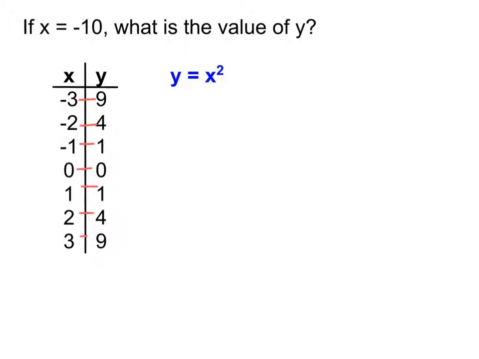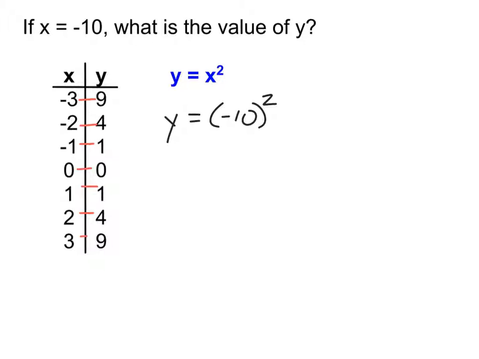Okay, so I don't really want to have to find some pattern and extend it up in this table. That would be a pain, especially going up to negative 10. But that's why we have an equation, because I can do it much more easily.